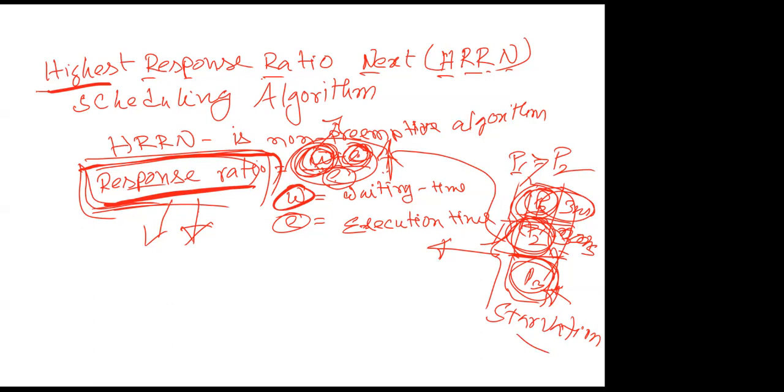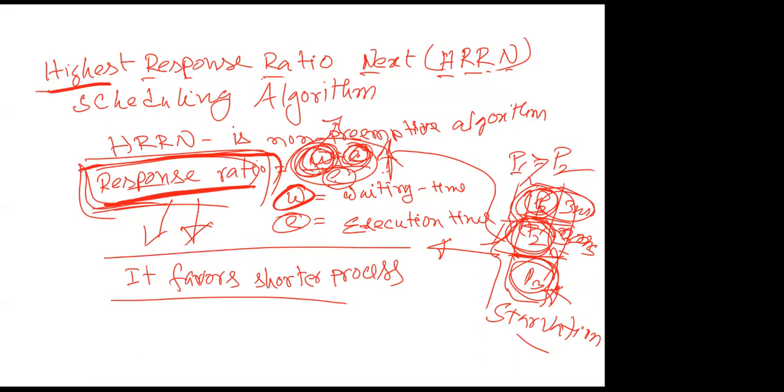So this algorithm favors the shorter process among the available processes. Also, it limits the waiting time for longer processes.